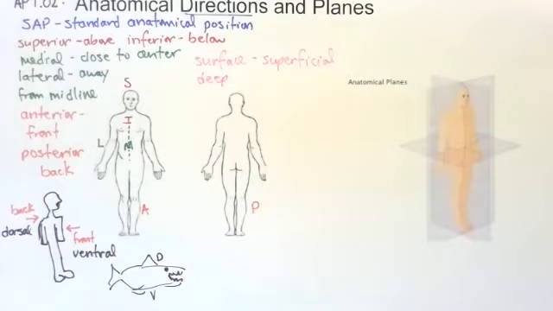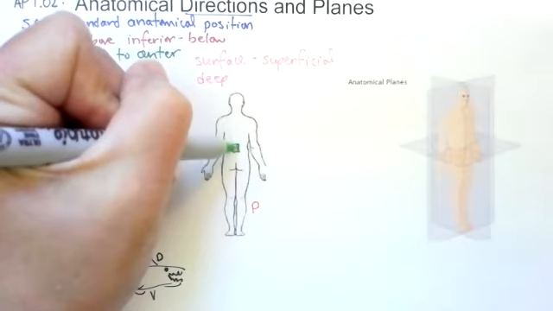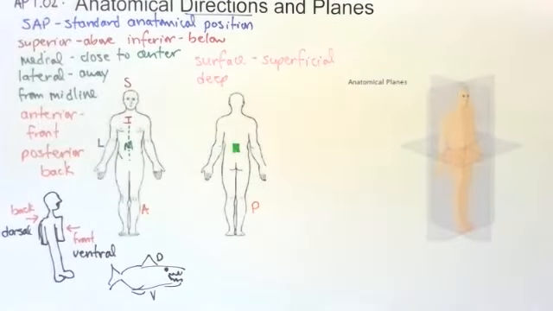All right, finally, the last set that we have, I'm going to draw a little square here in the center of the body. So everything kind of, and this could be on either side. I better pick something besides green that looks like medial and lateral. Let's go with hot pink.